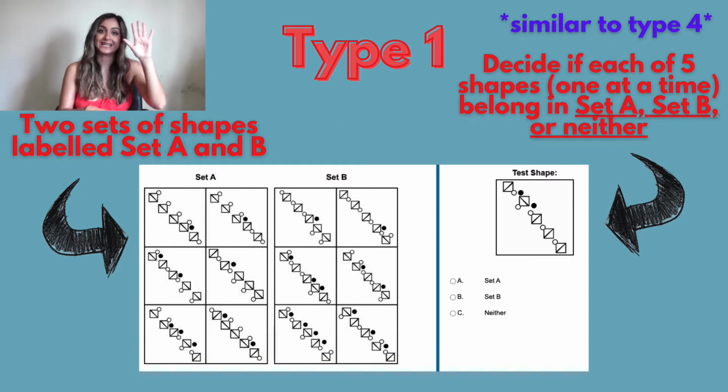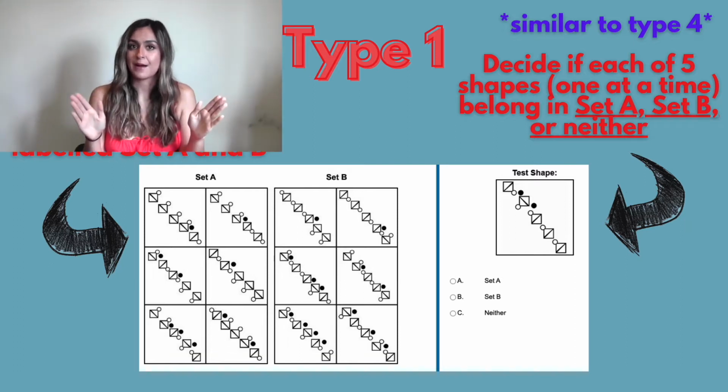And usually set A and set B are opposites of each other. For example, if in set A all the arrows point to the top left-hand corner, in set B they might all point downwards. The thing that you need to try and figure out is whether it is simply a one rule issue or if there's a second rule.